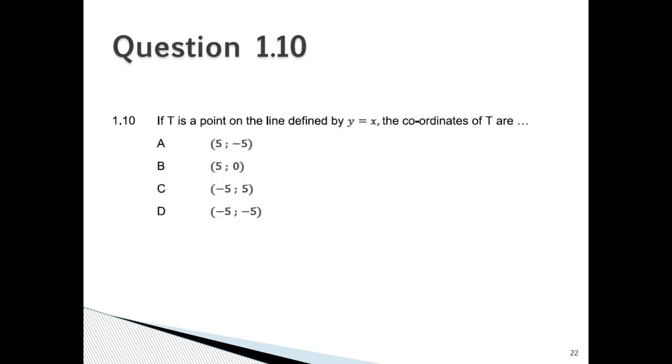Question 1.10. If T is a point on the line defined by y is equal to x, the coordinates of T are A, x 5, y minus 5, or B, x 5, y 0, or C, x minus 5, y 5, or D, x minus 5, y minus 5.